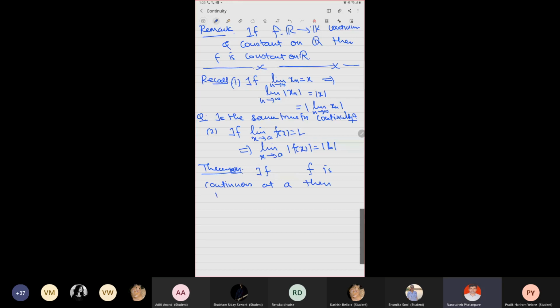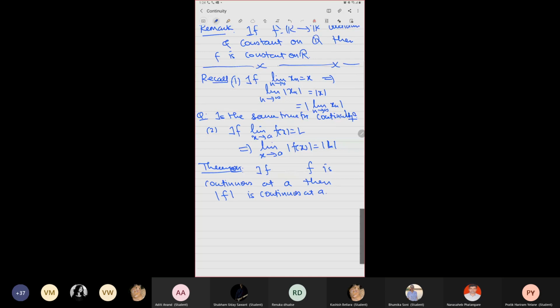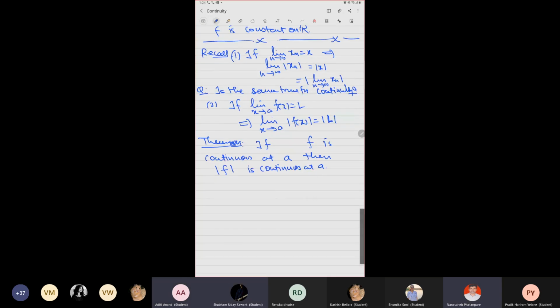Then can you say that the absolute value of f is continuous at a? Is it true? Yes, sir. Right. And how will you write the proof?